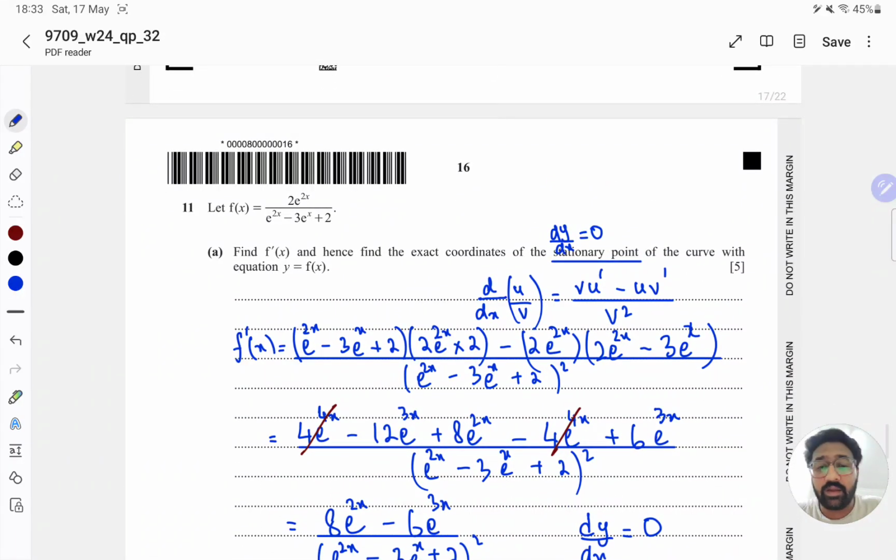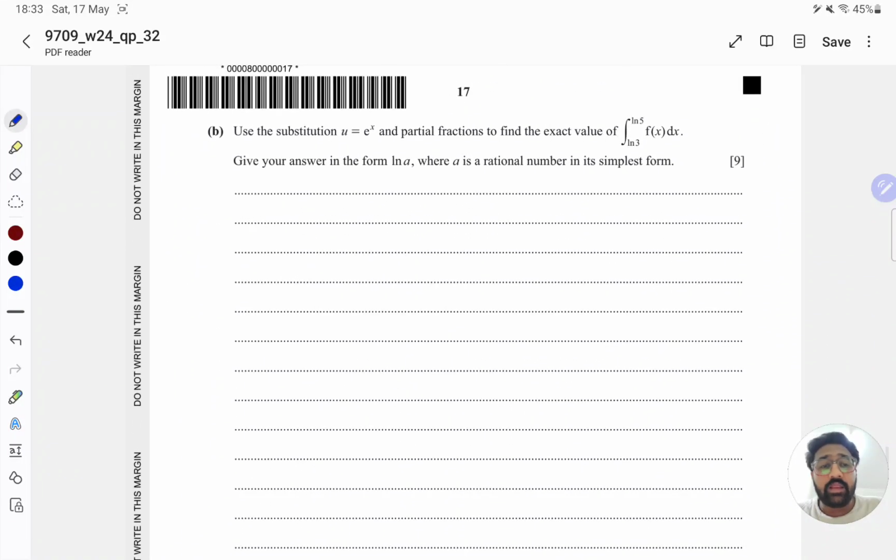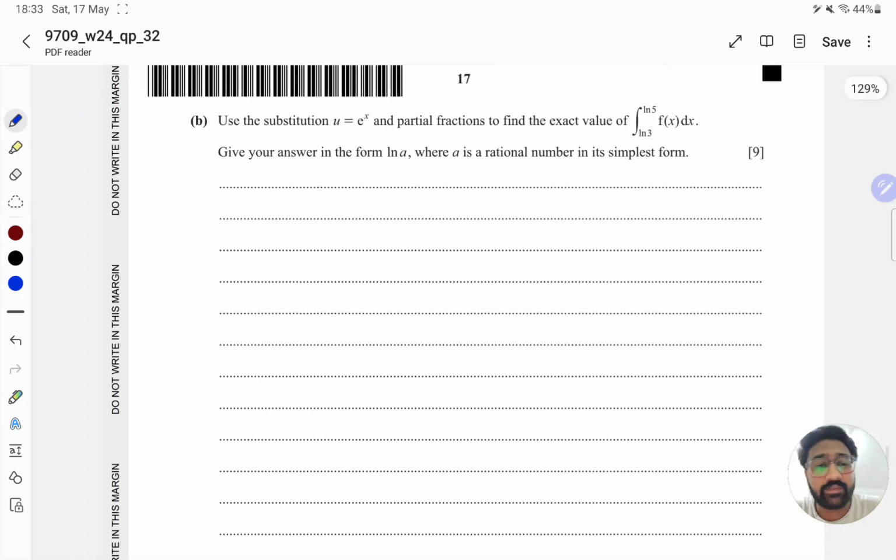Anything further? No. The last part says to use the substitution u equals this and partial fractions to find the exact value of this. Let me divide it into a few steps so that it's easier. Step number 1: u equals e^x, and du over dx will also be e^x.